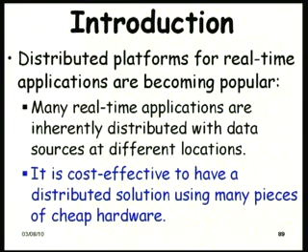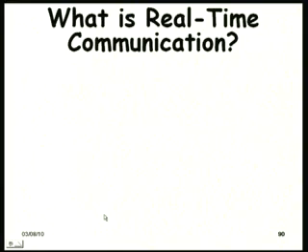So, this is another factor driving distributed solutions. As far as the business sense and cost are concerned, it is much cheaper to have several small pieces of hardware rather than one large piece of hardware.